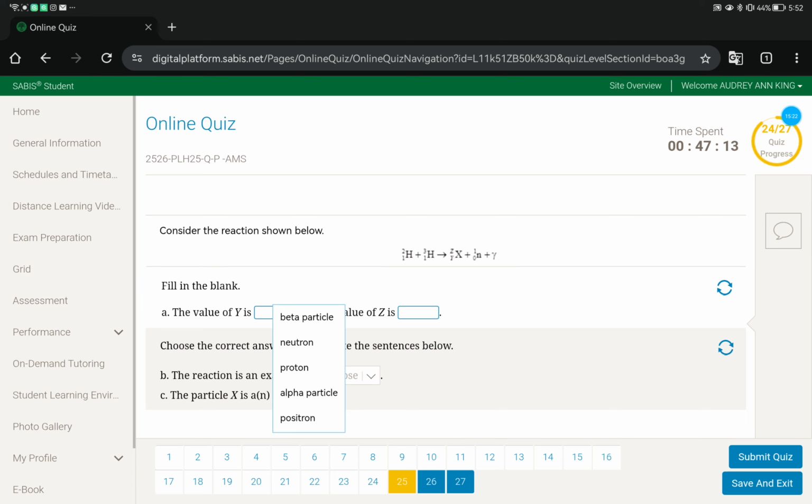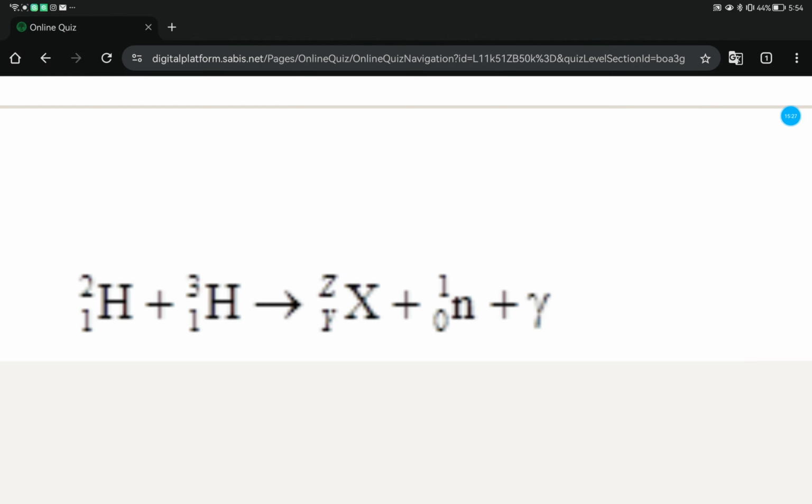The value of Y is blank and the value of Z is blank. The reaction is an example of blank and particle X is a blank. Okay, so we're going to do the same thing as what we did before. So 2 plus 3 equals Z plus 1.